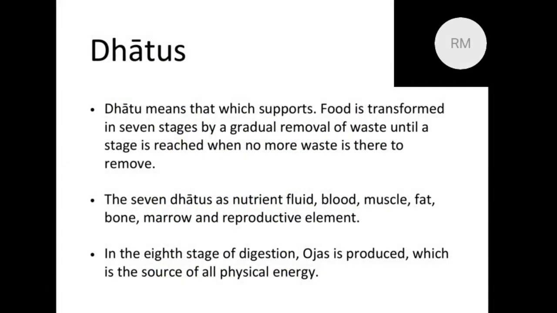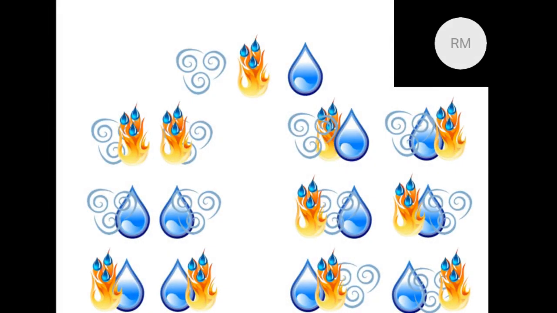We will again look at the 63 combinations with some examples of actual diseases in a table, but that would be only in the next webinar. But for the time being, this is good enough as an introduction to the doshas.